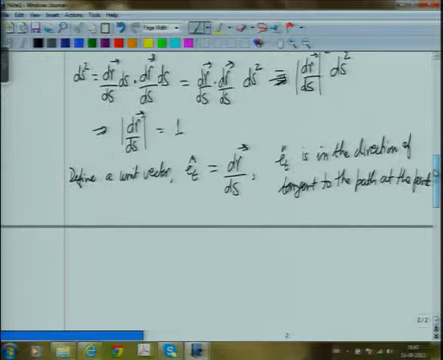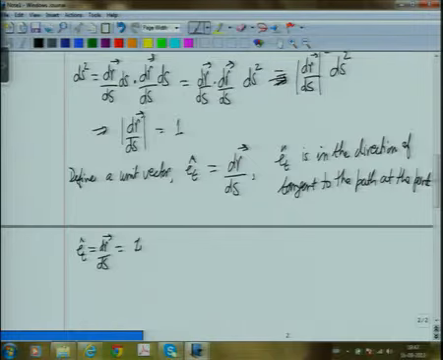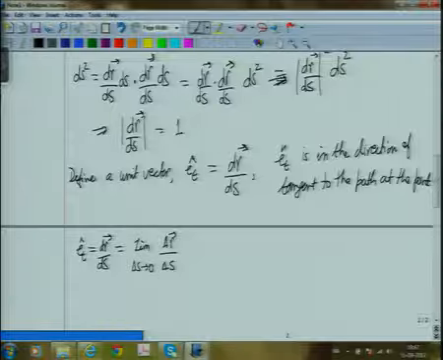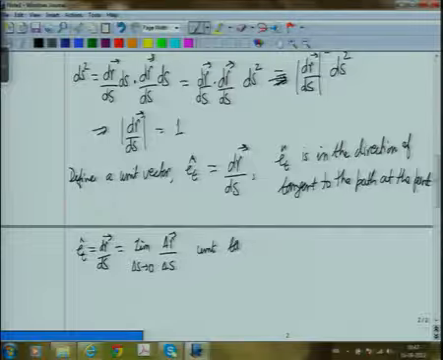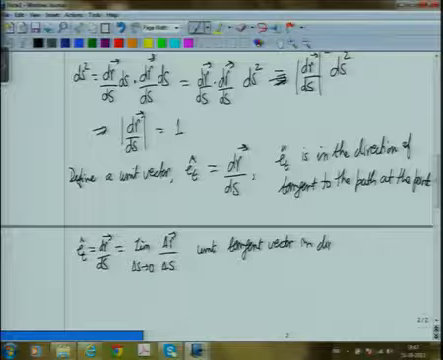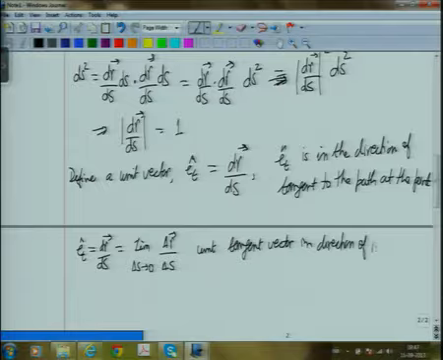So we have defined Et equal to dr by ds, which is the limit as delta s goes to 0 of delta r by delta s. This is a unit tangent vector in the direction of increasing s.